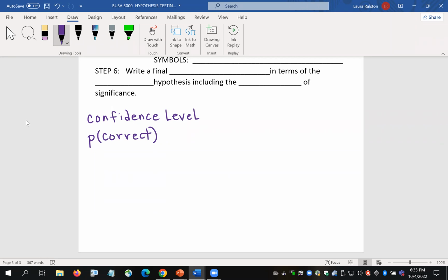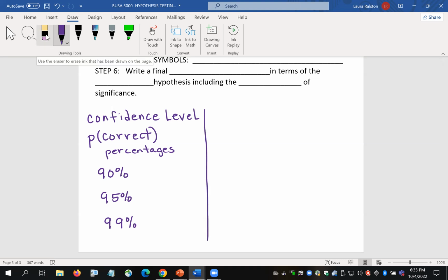We noted that confidence levels are usually stated as percentages, and the most common ones were 90%, 95%, and 99%. They're not the only ones, because we did talk about how the confidence level could be any value between 0 and 100%.